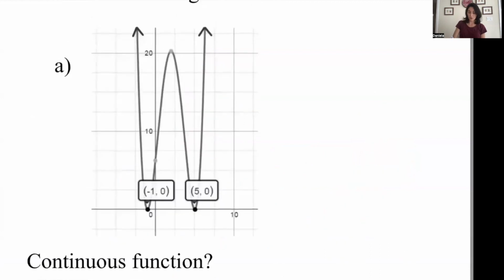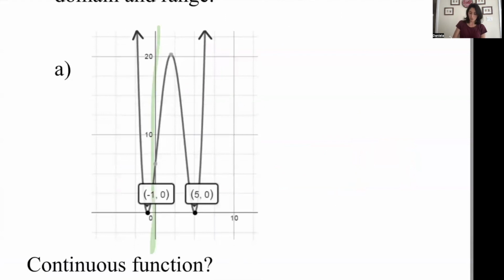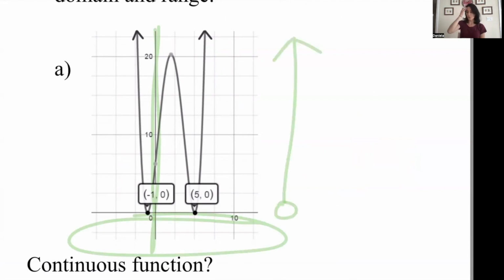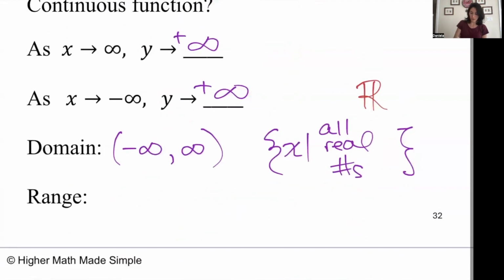The range of this function, remember the range is only the y values. So if you look down here, there's nothing there. If you notice the y value 0 and up, all the y values greater than or equal to 0, that is going to be the range. So again, if you want to compare notation, you can do 0, make sure to put the bracket around the 0.